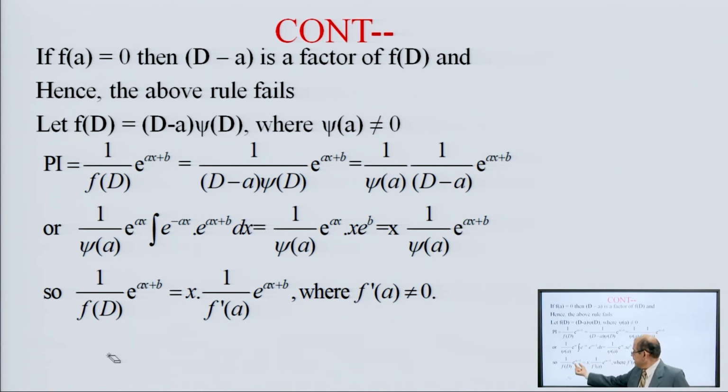Or 1 by f(D) e^(ax+b) is equal to x into 1 by f dash(a) e^(ax+b), where f dash(a) is not equal to 0.